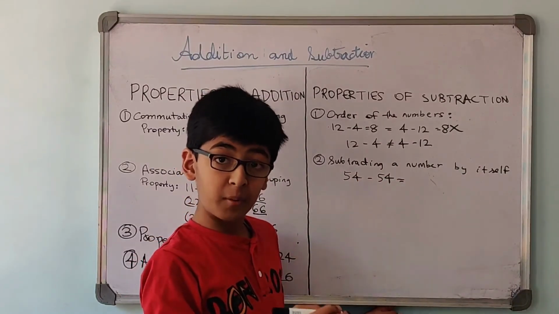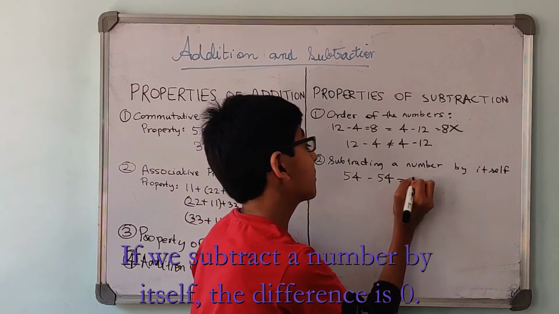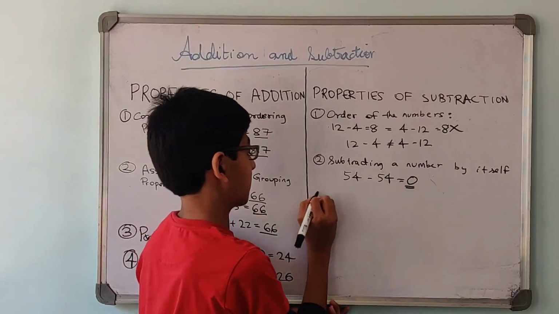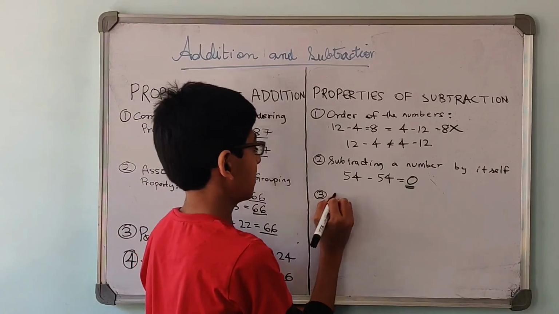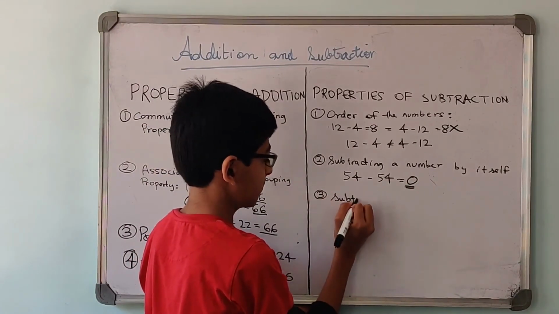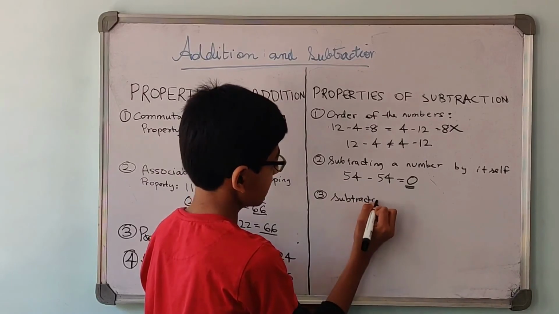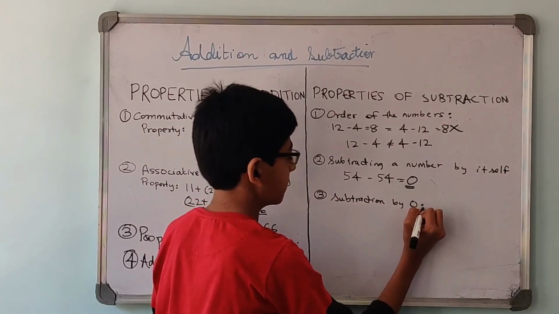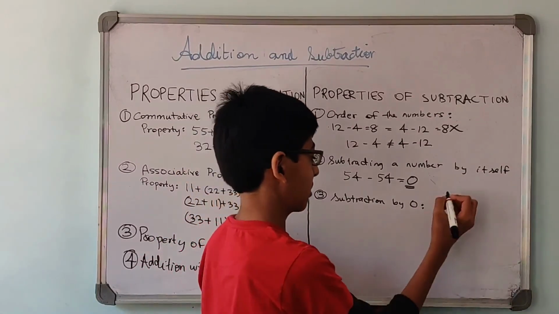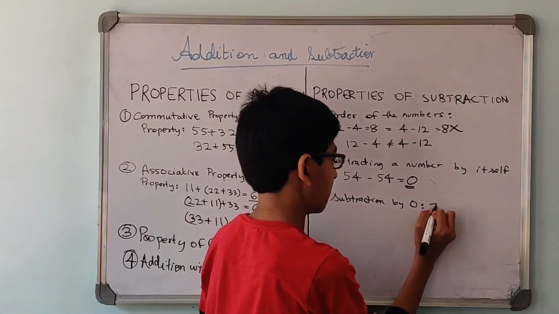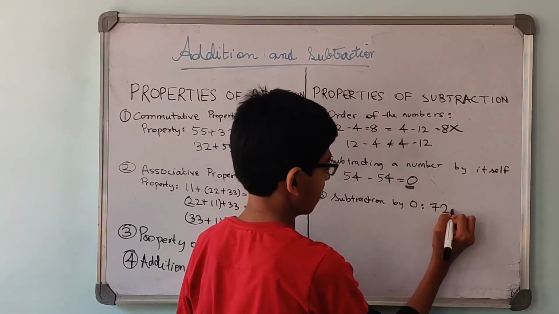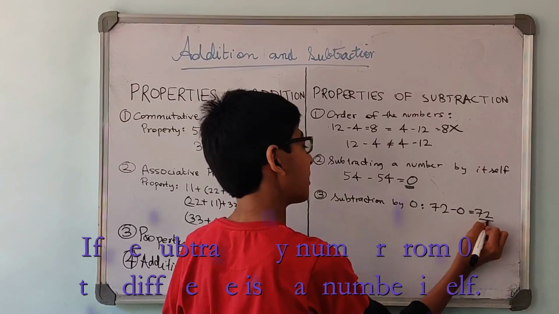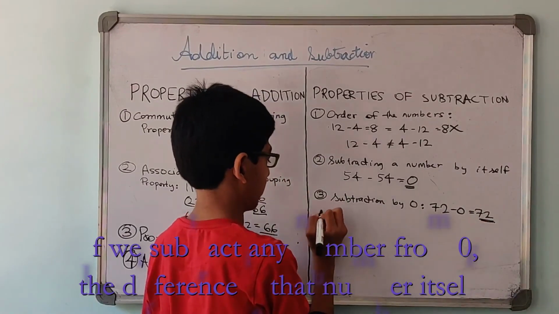So if we subtract a number by itself, the difference has to be 0. Now, our third property is subtraction by 0. In subtraction by 0, however big a number we take, for now let us take 72, 72 minus 0 is going to give us the same answer as the minuend.